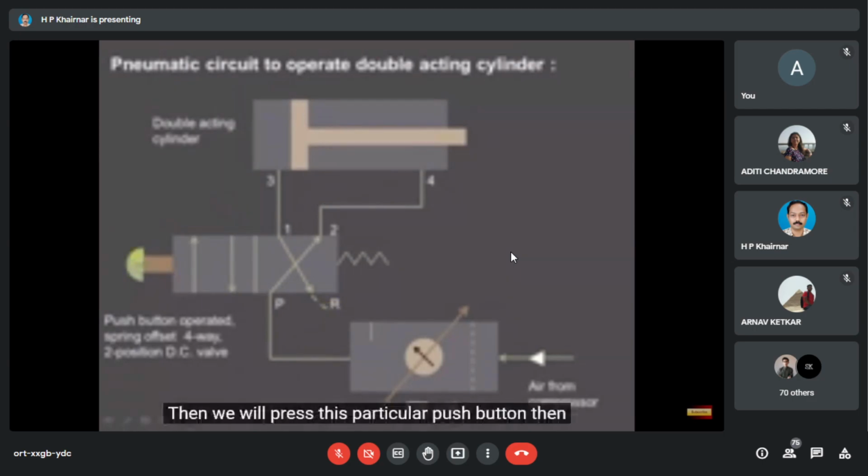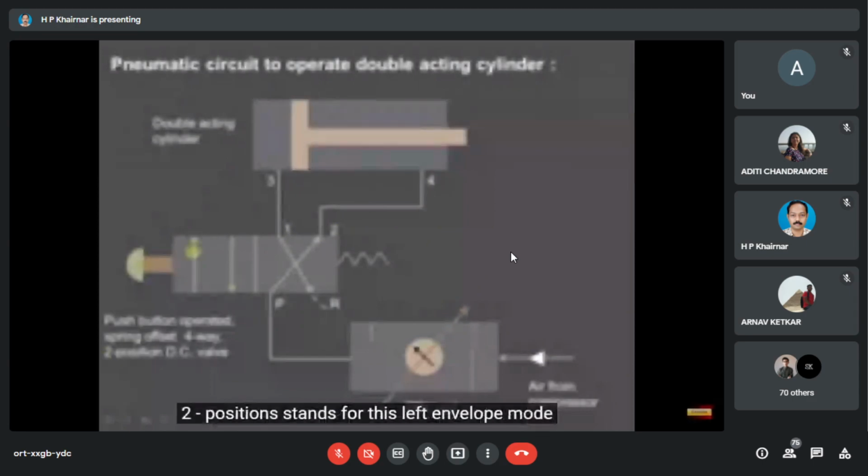When we press this push button, let us see with the animation how it will be working. Now, as shown over here, this is four-way. So four ways are nothing but P, R, 1 and 2. These are the four ports which are there.